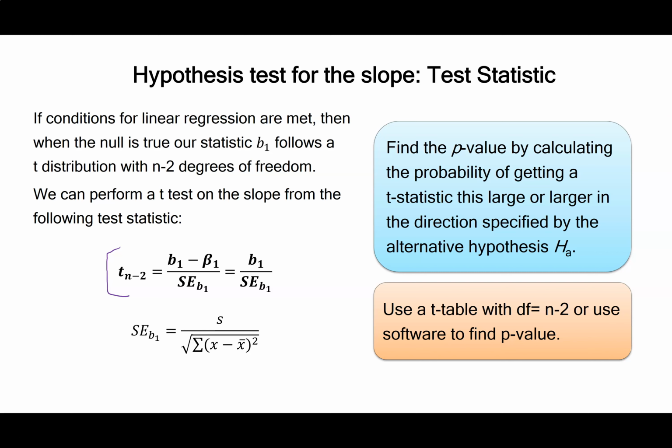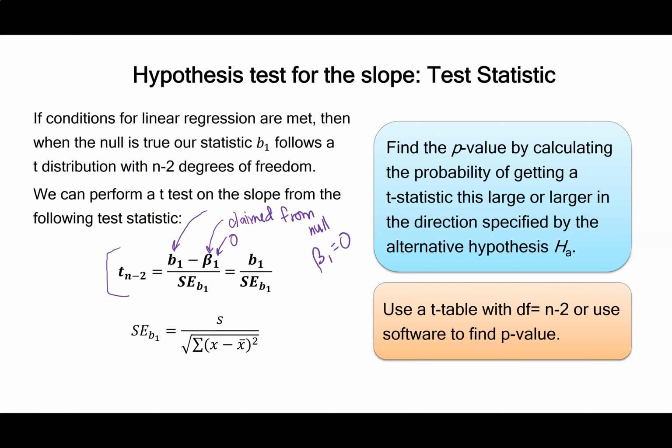And we can perform a t-test just on the slope here. So it's going to be equal to b1, the estimated slope from your output, minus the claimed value from your null. So your null, if you remember, was saying beta 1 is equal to 0. Just plug in 0 here. That pretty much goes away. Over the standard error for b1.